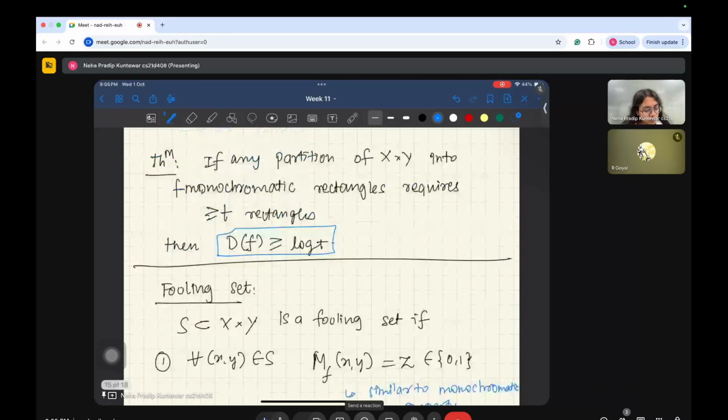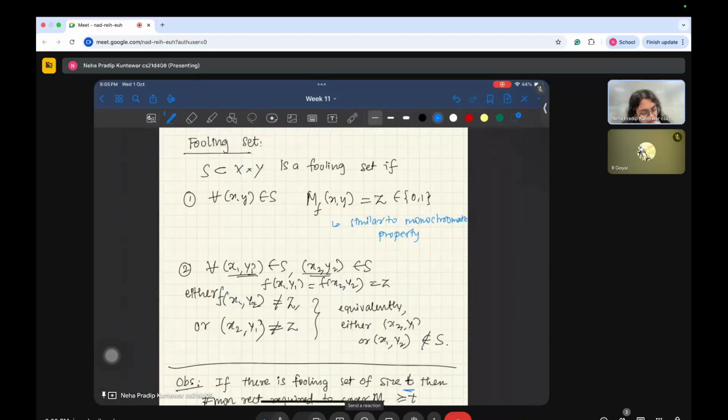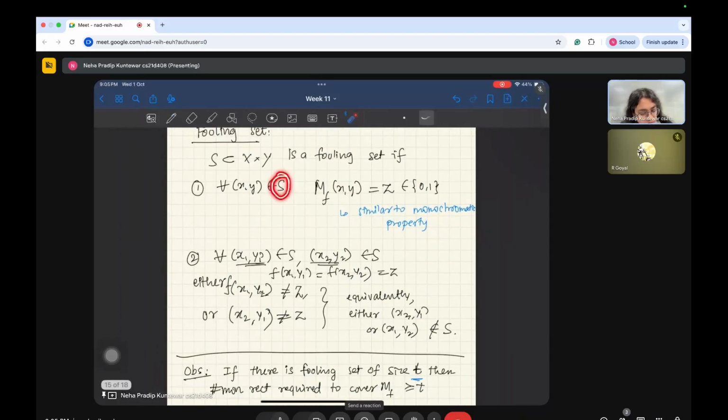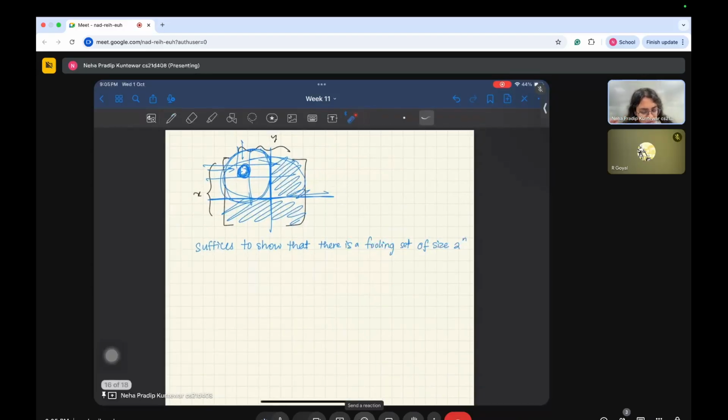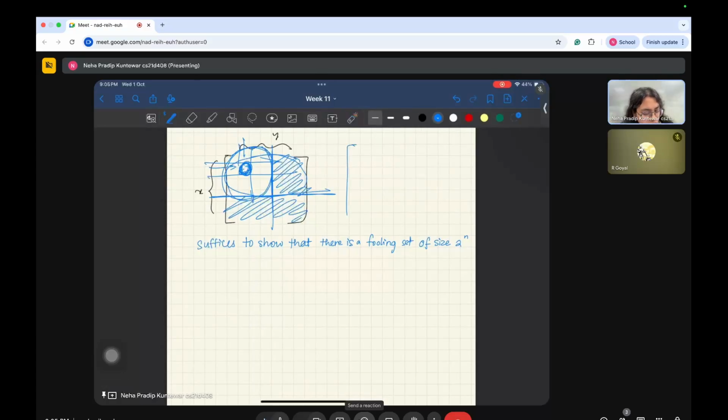You want to come up with a fooling set, to construct a set S. Just to answer your question, in terms of monochromatic rectangles, these are all ones, right? So you're going to require all of them.